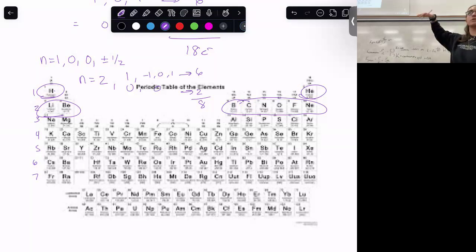So that also works for the rest of the periodic table. In n equals 3, we have 2 electrons here, 6 electrons here, and we saw we had 10, 6, and 2. So where do we think those 10 come from? Does anyone see where there's 10 in a row?